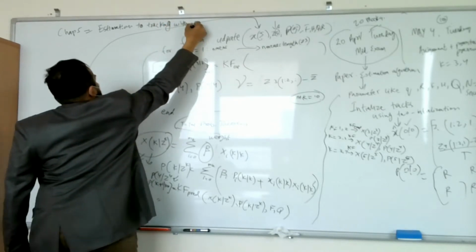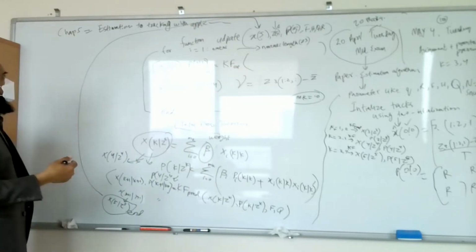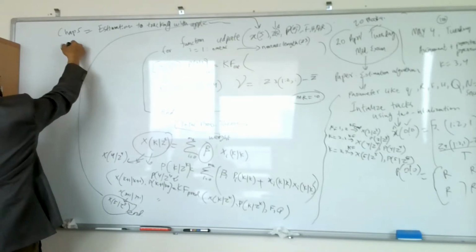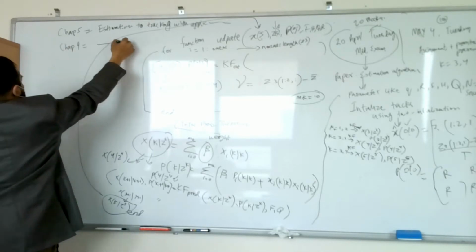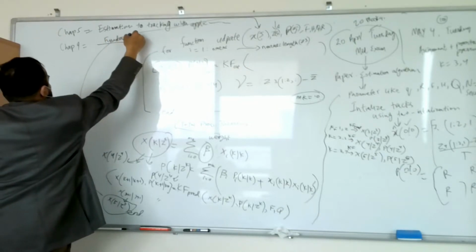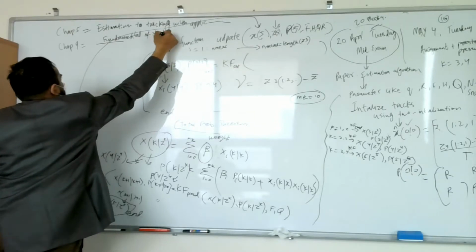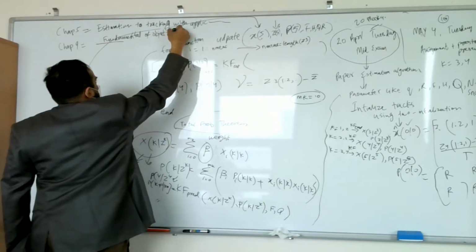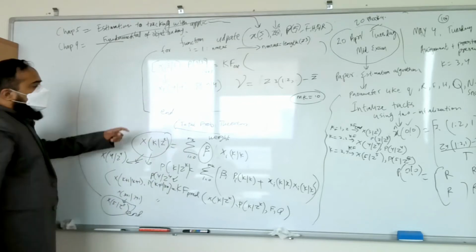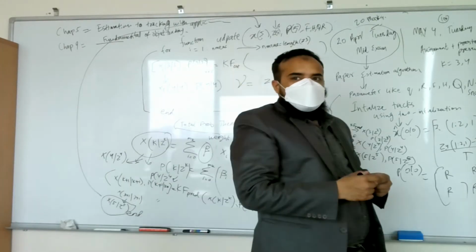This is the book that I recommended in your first lecture, and then chapter number 9 in Fundamentals of Object Tracking. This book is written by my professor, who was my supervisor in the PhD.